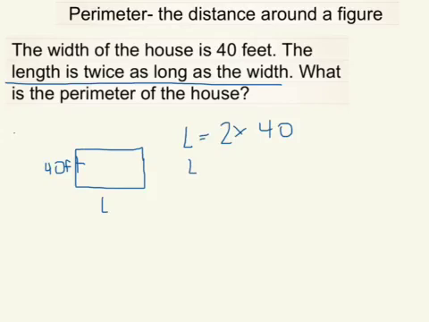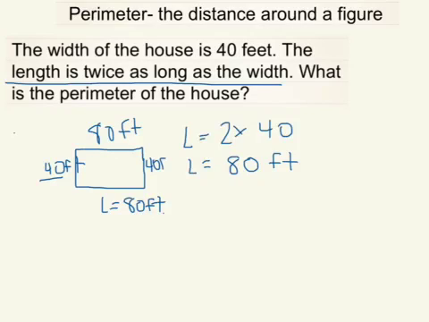So I know that 2 times 40, using mental math, you're right if you said 80. So the length is 80 feet. So I'll label that down here. And it's a rectangle. So now the opposite side will also be 80 feet. And if this side is 40, then the opposite side is also 40 feet.